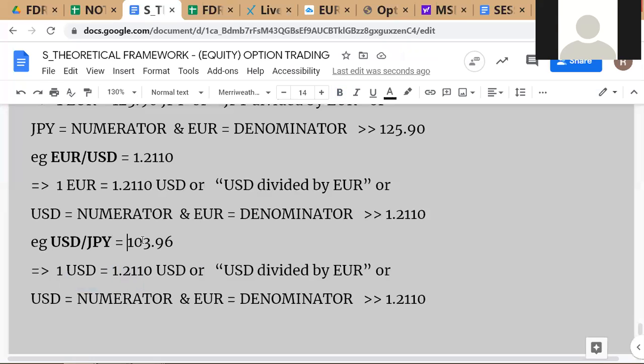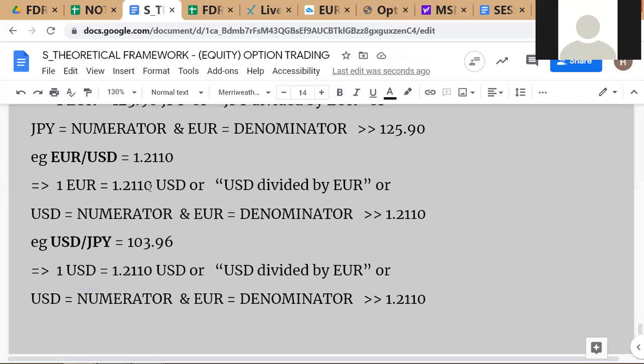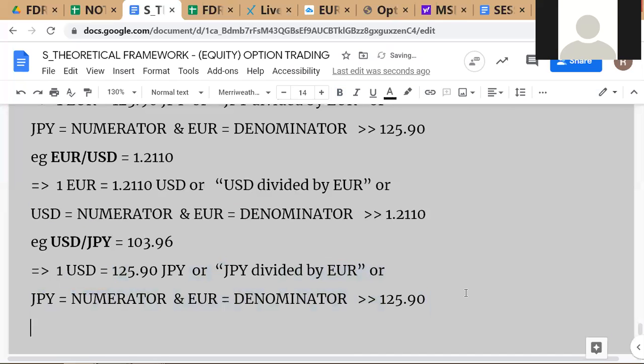In this case, maybe we can copy from here. Copy from here and put it down here and write it as 1 USD is equal to, let's see if this works. So 1 USD is equal to 103.96 yen.